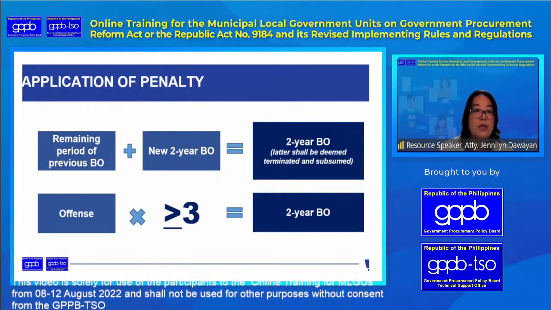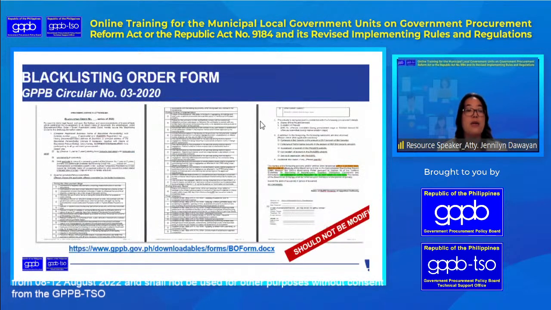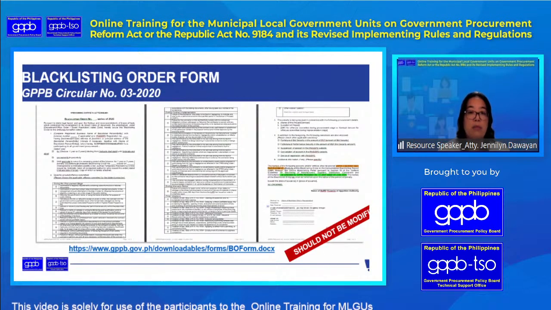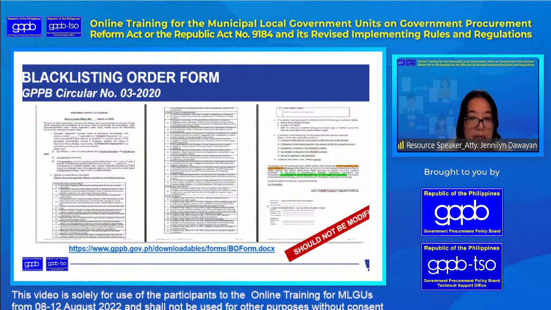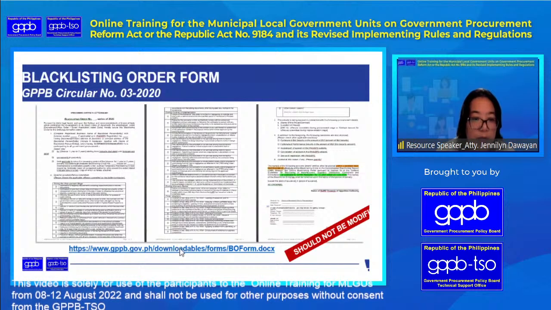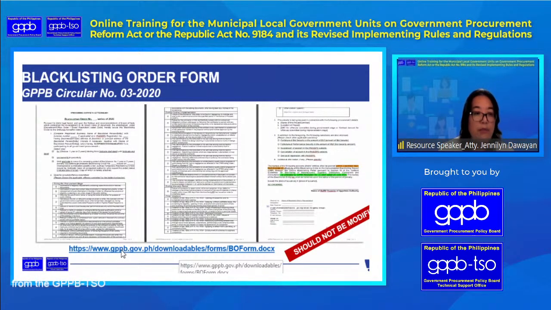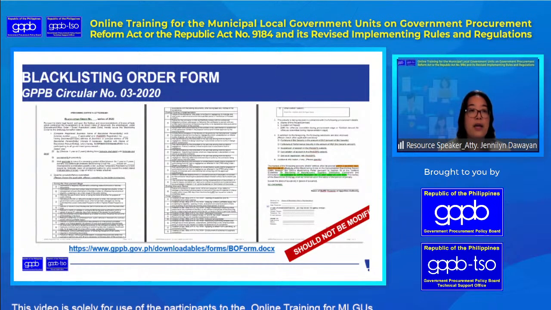Okay. So ito po yung form ng blacklisting order form pursuant to GPPB Circular 03-2020. Maliit po siya, but if you notice, you can check it from the downloadable forms and this should not be modified. So medyo maliit siya, hindi natin masyadong mabasa. But here, you can see, and I'm sure GPPB will provide you with the presentation where you will see the link where you can download the form, no? If you are confronted with this decision.